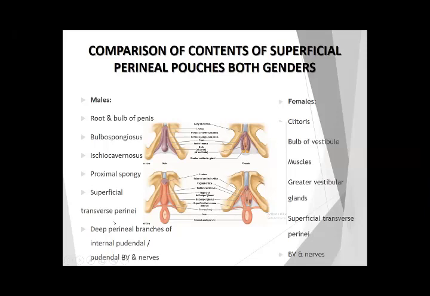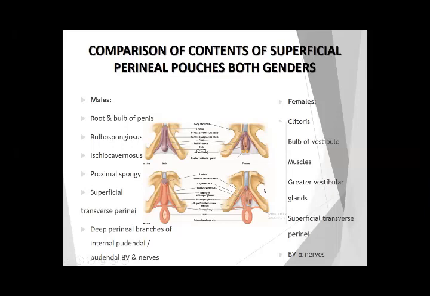And then of course you have nerves and blood vessels that we've already mentioned. So the difference is external genitalia दोनों में है और the only difference is these greater vestibular glands. Obviously the names of external genitalia would be different on two sides.